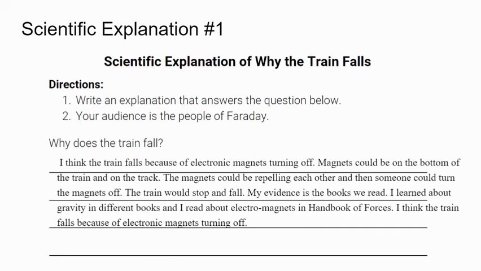My evidence is the books we read. I learned about gravity in different books and I read about electromagnets in Handbook of Forces. I think the train falls because of electronic magnets turning off. So what I really love about this explanation is that it includes the 2 most important parts of a scientific explanation. The first one is that first sentence where the student answered the question.